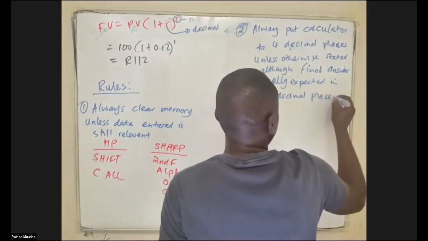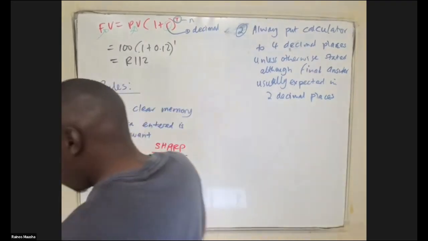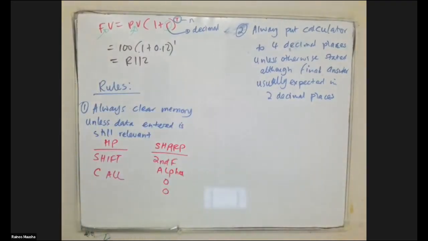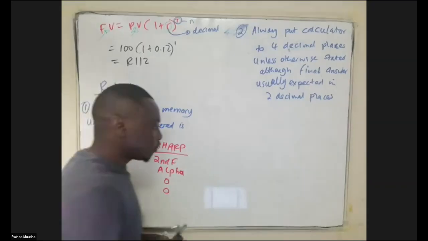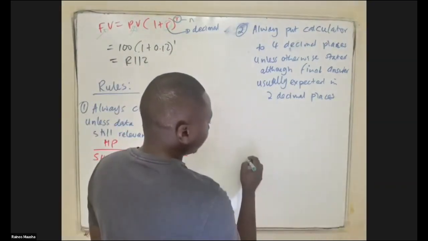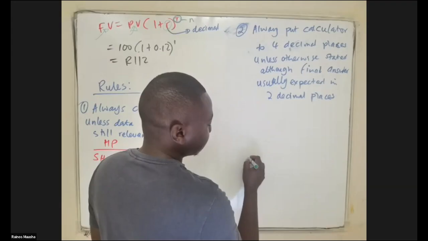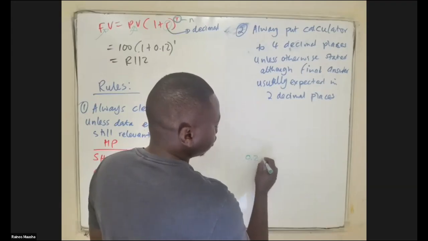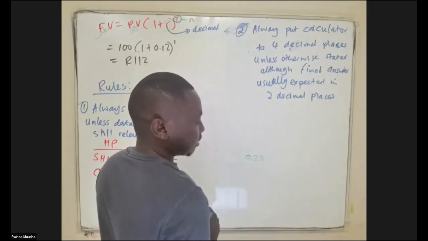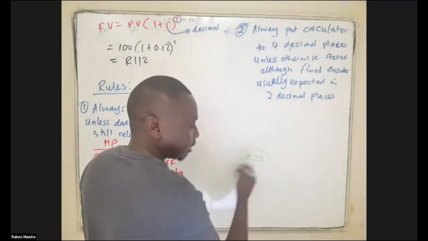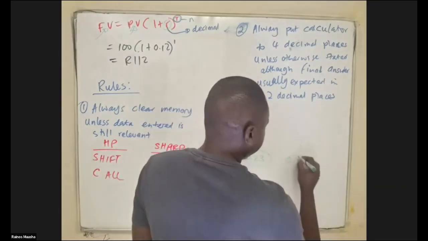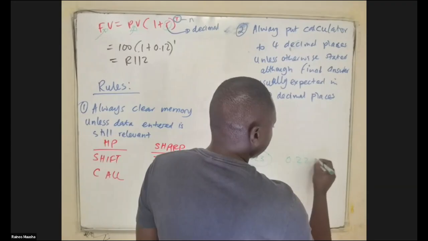The reason why we say put your calculator at least to 4 decimal places is so that when you get your answer, you are not rounding off. Let's say you set your calculator to 2 decimal places, and you get a figure of 0.23. The actual amount can be 0.225.